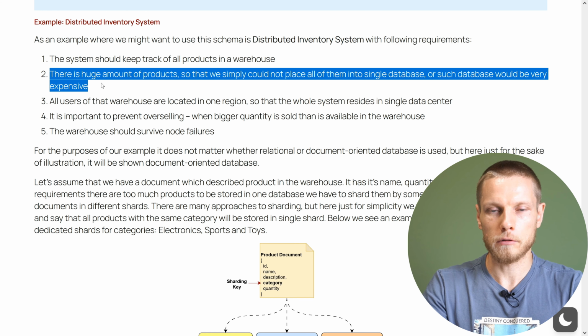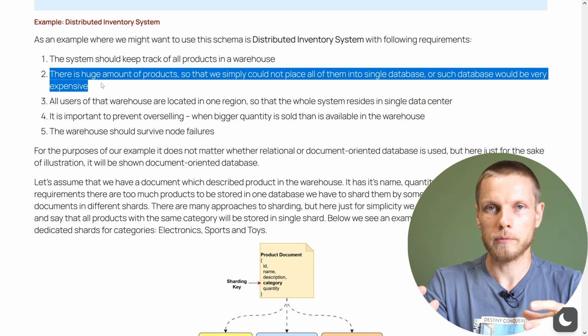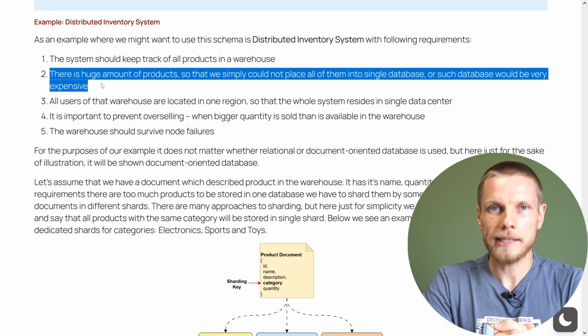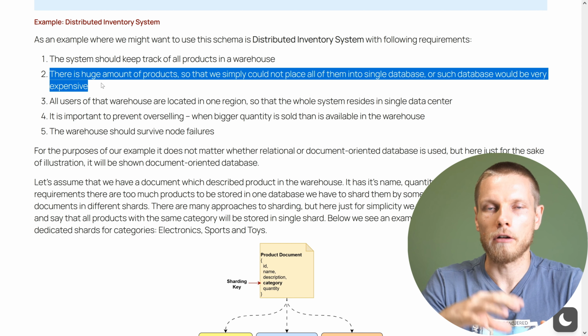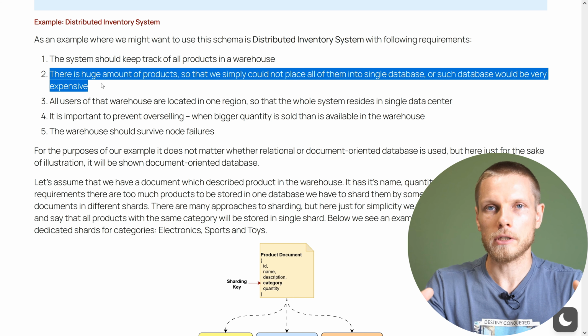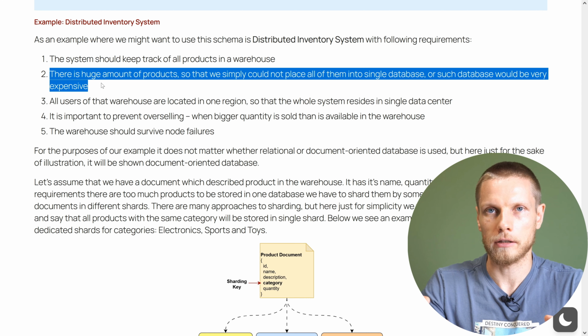Secondly, all users of that warehouse are located in a single region, so that we can place the whole system in a single data center. And it's very important to prevent overselling, when we sell more than we have in the warehouse. And also there is a requirement that the warehouse must survive node failures.